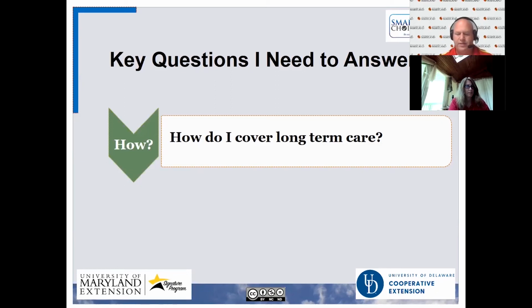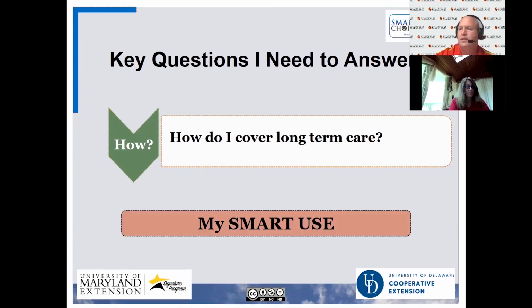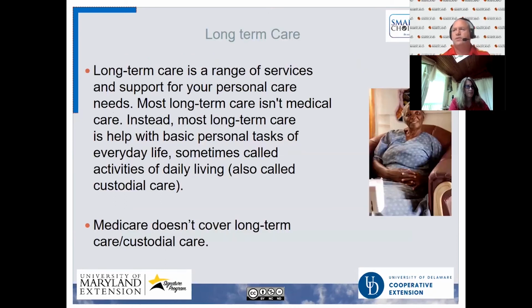So now let's jump over to long-term care and how do you cover long-term care, and try to answer that question a little bit. So what is long-term care? Long-term care is a range of services and support for your personal care needs. Most long-term care is not medical care. So again, you got to keep that difference.